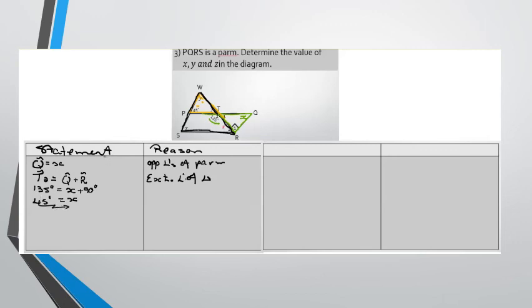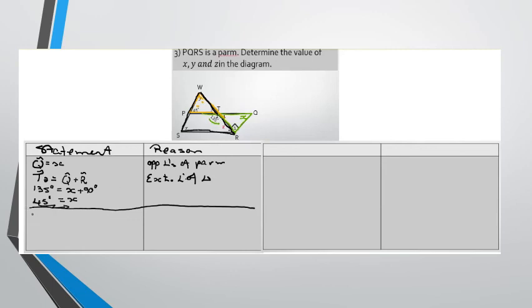Now I'm going to go to the triangle, the yellow one on the left. So let me just see if I can draw a line just to separate them. Right, there we go. Now on the left, I'm going to make the same statement.